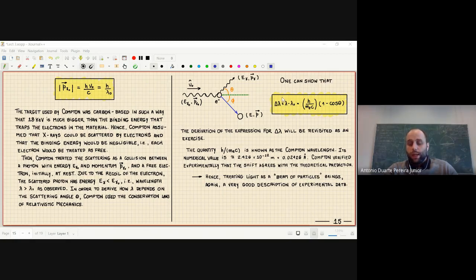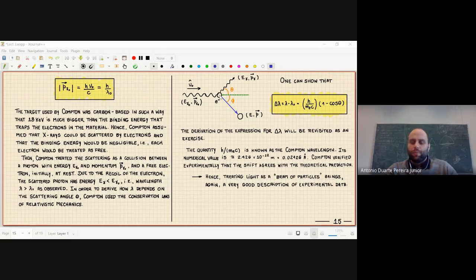Okay? In particular, if theta is 0, cosine of theta, how much is cosine of 0? 1. So 1 minus 1 will give you 0, and delta lambda will be 0. So if theta is 0, it means that the photon will just continue moving past the electron.